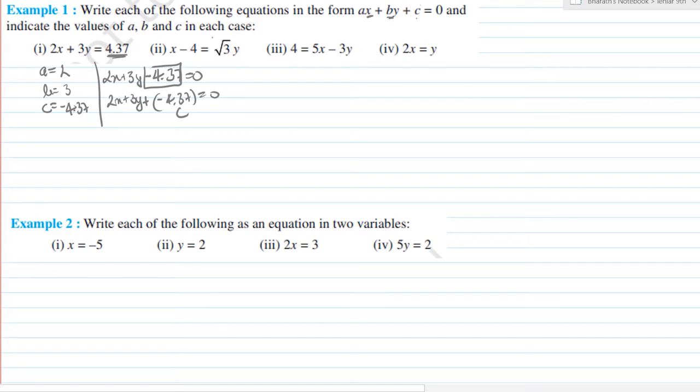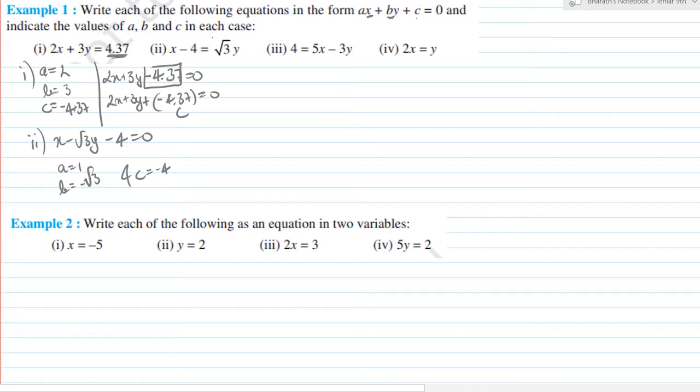Same way for the second question. Bring each and every term to the LHS. So x minus root 3 y minus 4 is equal to 0. Here a is our x coefficient, so a is equal to 1, b is equal to minus root 3, and c is equal to minus 4, right?